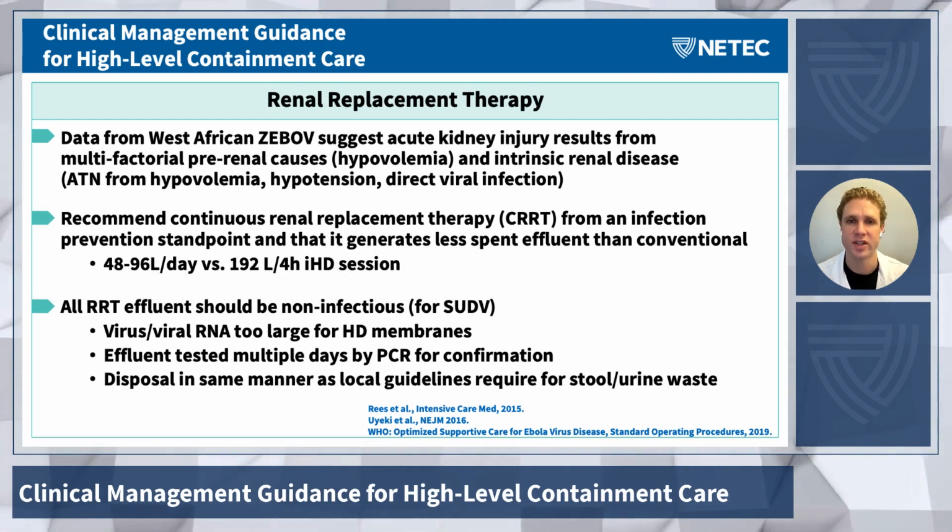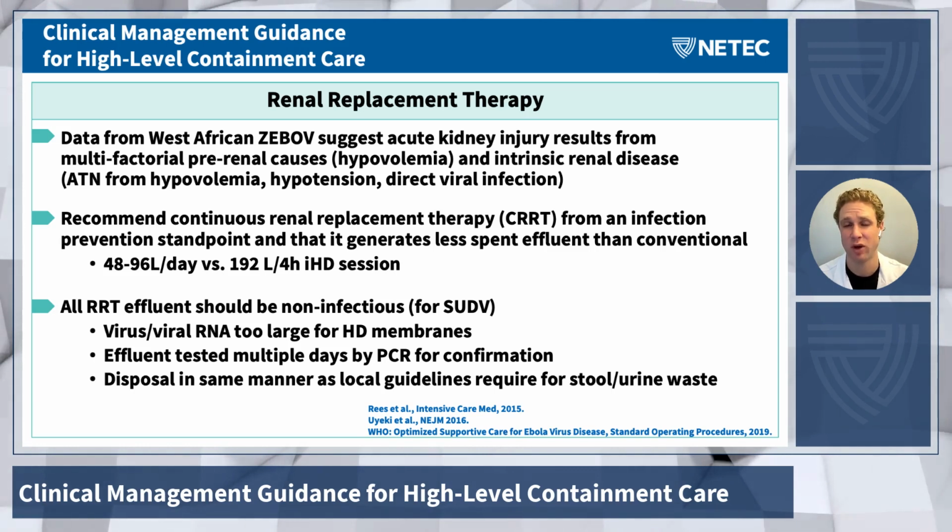Now, data from the West African Ebola outbreak suggests that acute kidney injury does occur quite commonly, and it results from multifactorial causes, including hypovolemia, as well as intrinsic renal disease or acute tubular necrosis from hypovolemia, hypotension, and quite possibly direct viral infection itself.